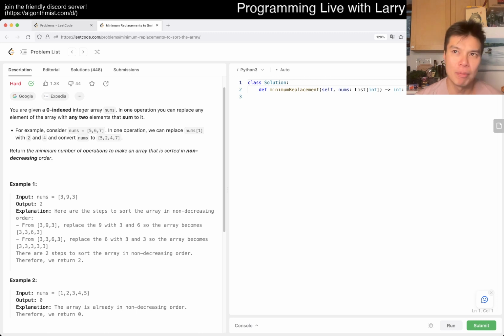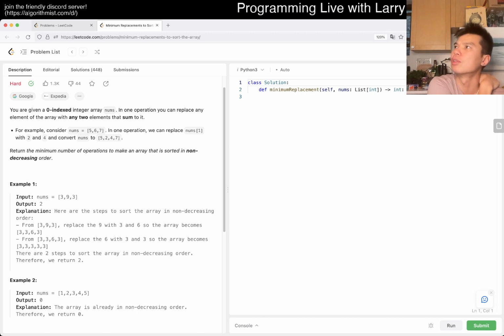Well, what happens if you go backwards? Okay, I guess that's the way. Initially I was thinking about going from left to right, but maybe it makes sense to go from right to left because you can only break things apart. That's the part we kind of mentioned, and because you can only break things apart going from right to left, you know the maximum number, right? Does greedy work in that case?